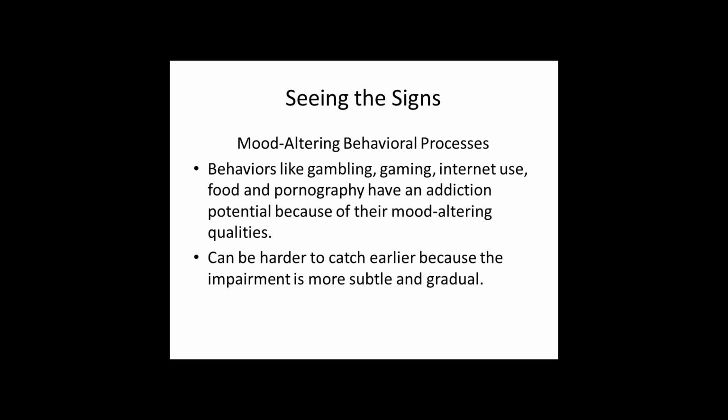So things to look out for with these sorts of things are absences and decline in academic performance. Those tend to go along with adolescents engaged in a process addiction, as the behaviors become more important than other priorities.